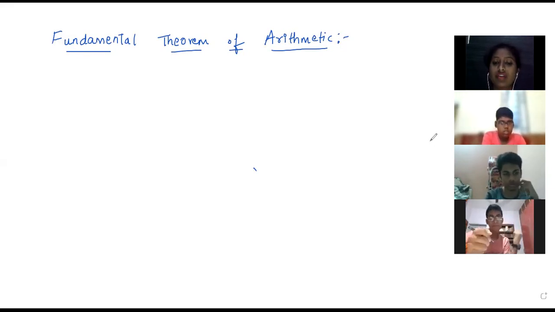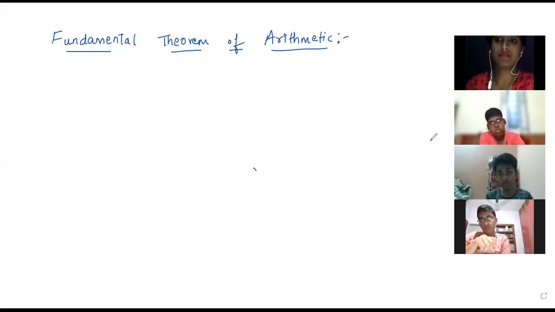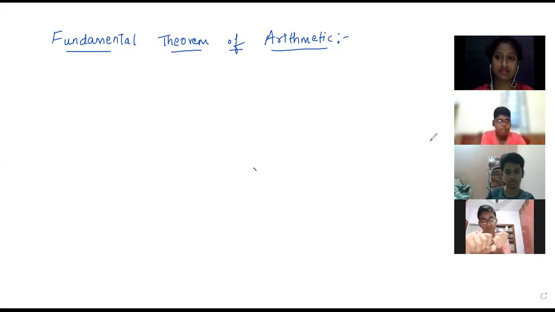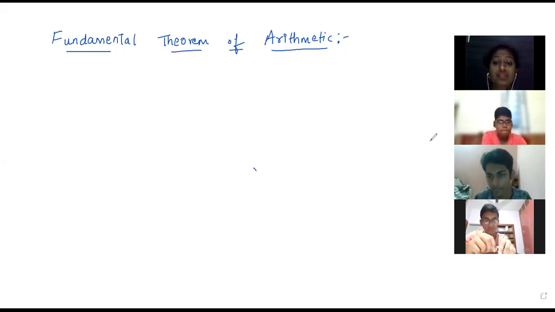In the foundation class, do you remember we learned about factorization, and from that we did prime factorization? And what is prime factorization? Factorization done by only prime numbers. Yes. You take any given natural number and factorize it using only the prime numbers.